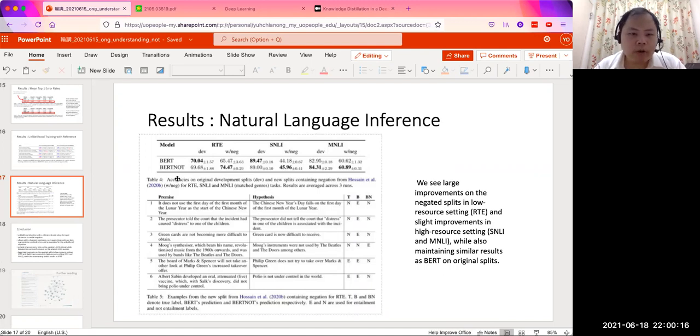Nevertheless, from an overall point of view, we do see that when negation is involved, BERT naught generally performs better, as seen on the table above. Okay, so it's actually quite significant, especially the large improvements are on the negated splits in low resource setting, namely the RTE column, whereas for SNLI and MNLI, it's not so high.